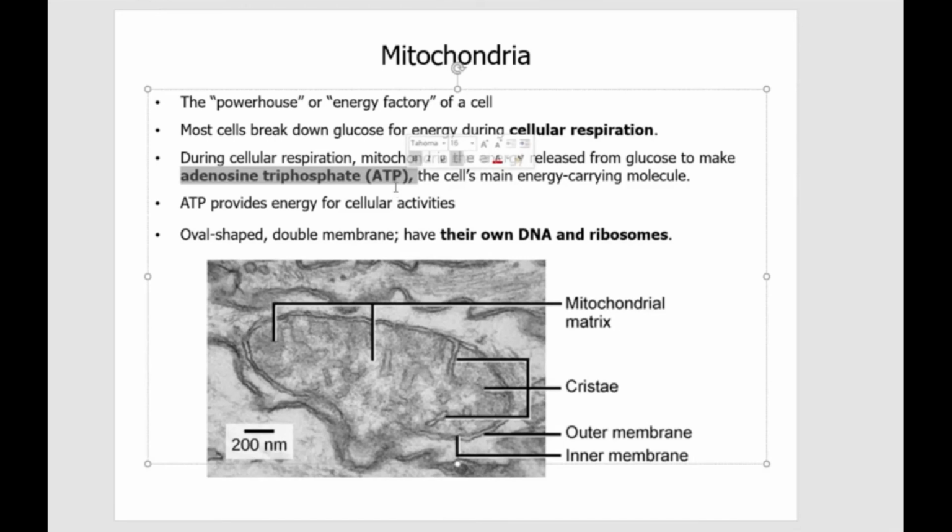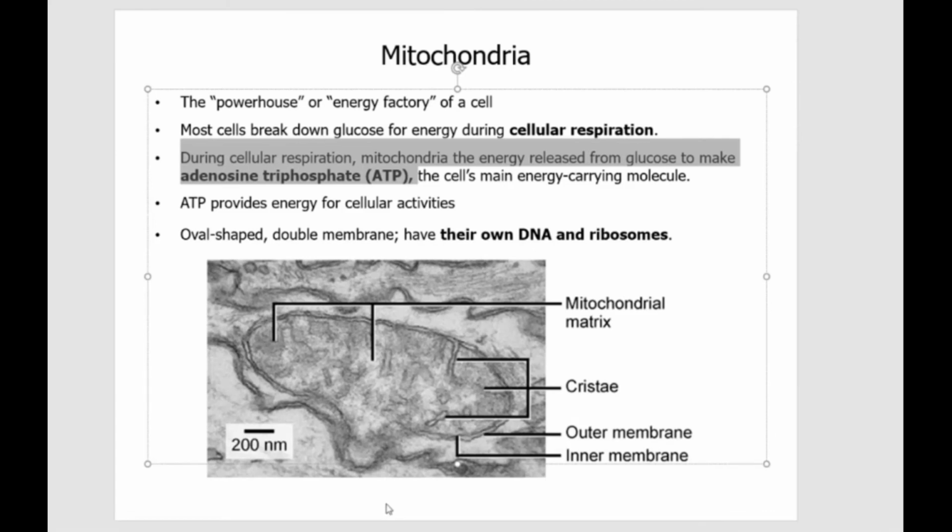The ATP is like a battery, and this is where the cell stores the energy. But when the cell needs the energy, it will just break down ATP and extract the energy.